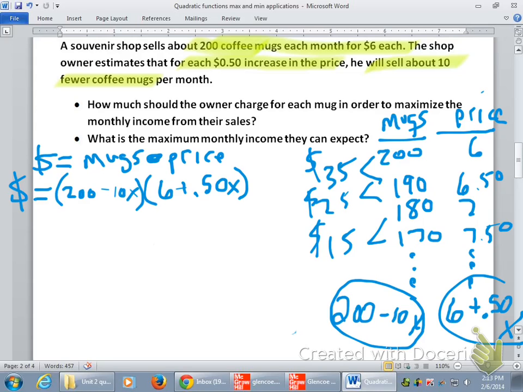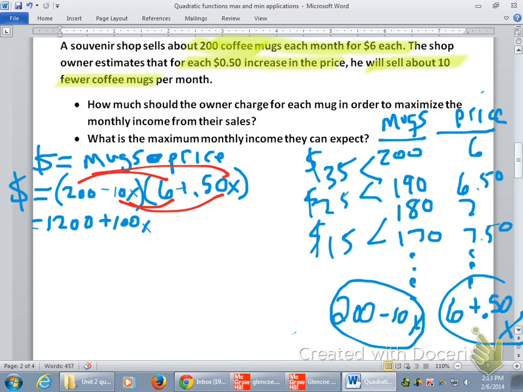What would be your instincts as soon as you saw those two parentheses? Foil it out. That's why we did that this morning. So we're going to foil that. And we're going to get, let's see, 200 times 6, that's 1,200. Y'all are going to have to catch me if I make an arithmetic mistake here. 1,200, let's see, 200 times 0.5. Half of 200 is 100, so that's 100x.